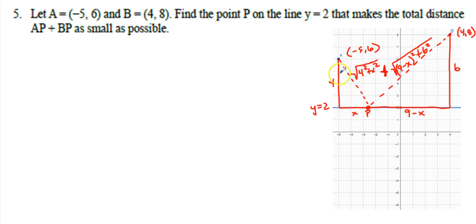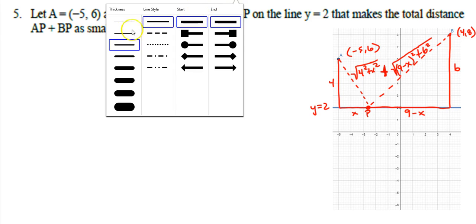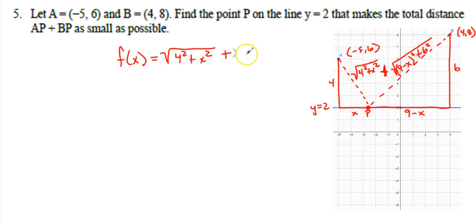So if I add these two things together and then minimize it, my function looks like this: 4 squared, which is 16. You don't have to simplify it. You can just plug it in like that into your calculator. Sorry, not equals, plus the square root of (9 minus x) squared plus 6 squared. So go to your calculator, graph it, and you can minimize that and find your answer using the trace function or the minimum function.